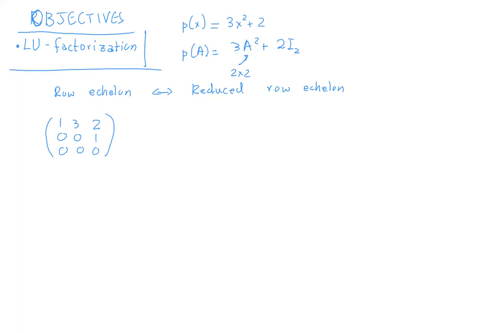In every row, the leftmost entry is 1, unless the row consists of all zeros. And rows that are lower than others have their pivotal elements, the leftmost ones, on the right of the higher ones.